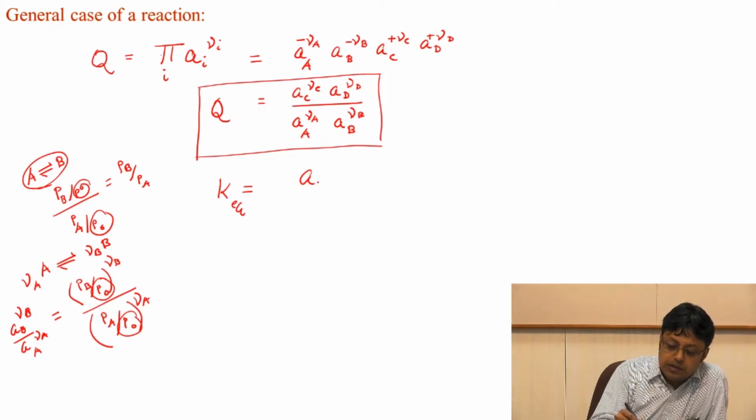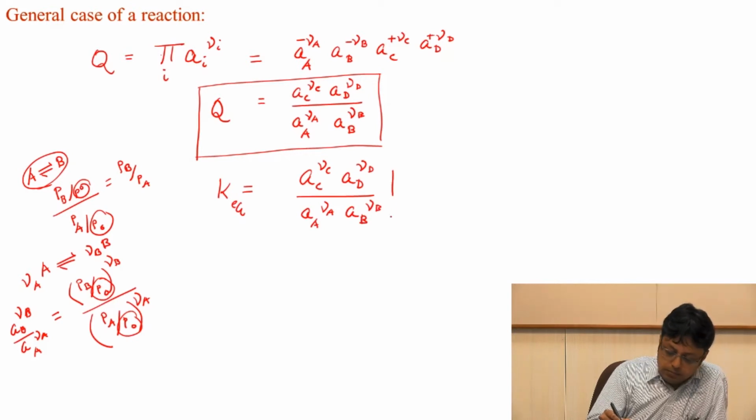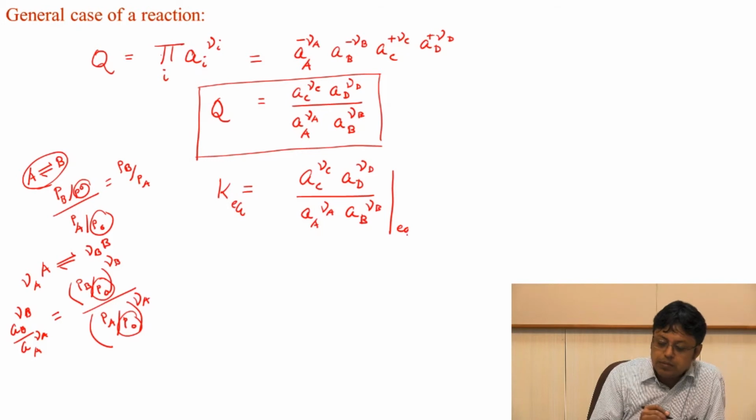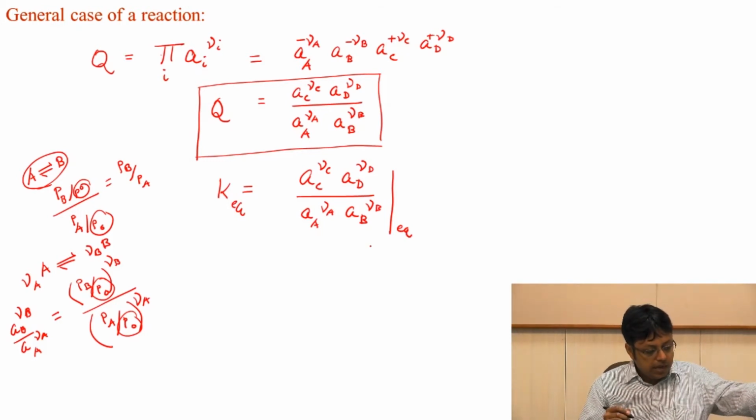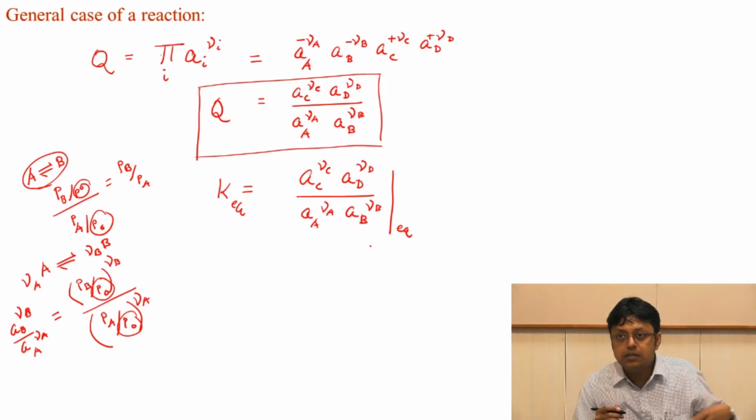Q is the general activity for any condition, and K will be nothing but the same thing but at equilibrium. So that's how we can explain K and Q.